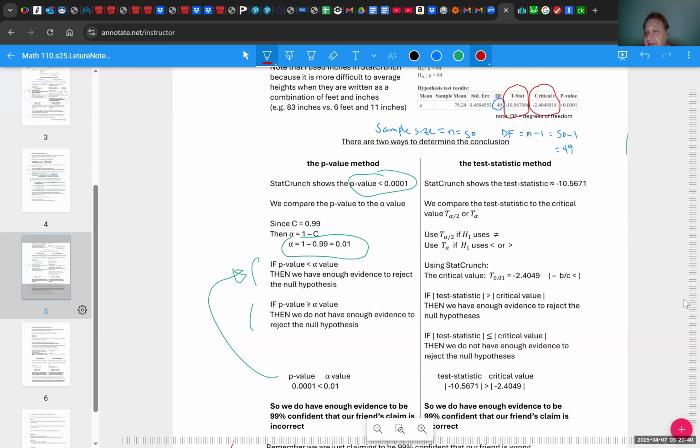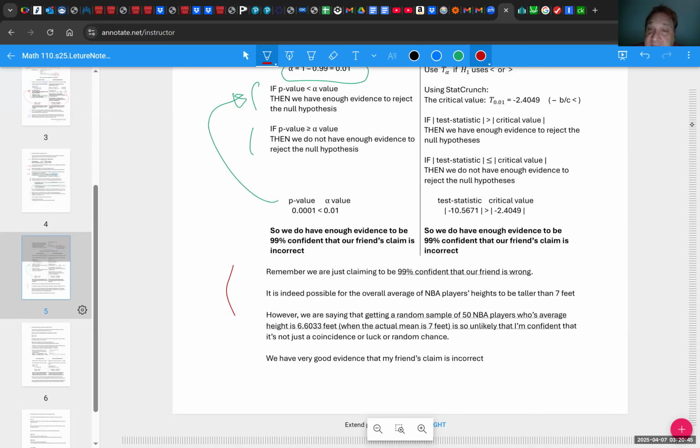So that is enough evidence, right? So remember, if the test statistic is greater than the critical value, then we have enough evidence to reject. And everything I said before, the conclusions are always the same, whichever method you use.